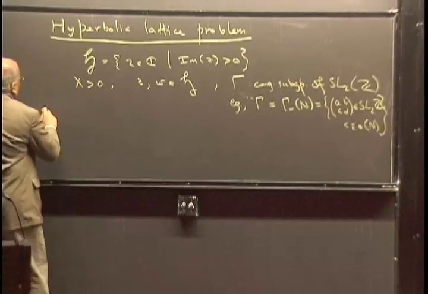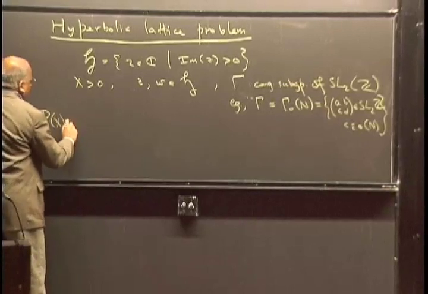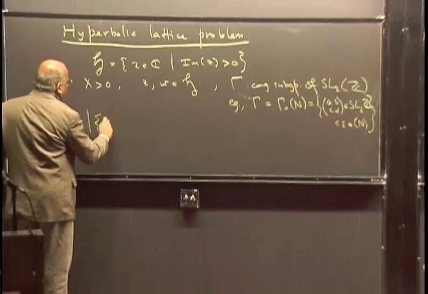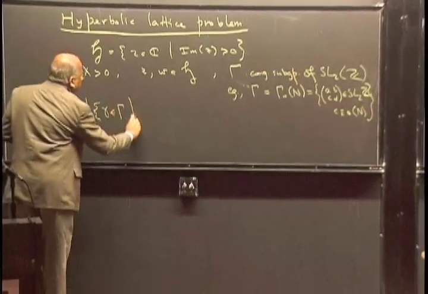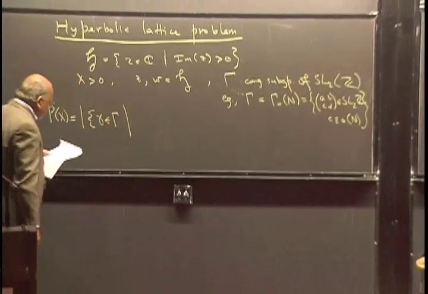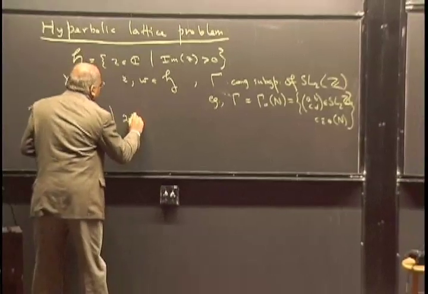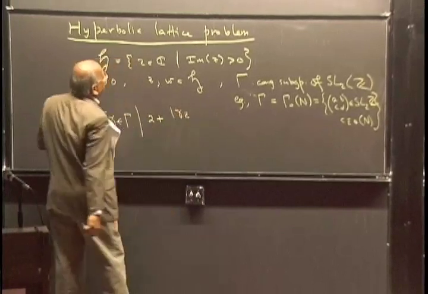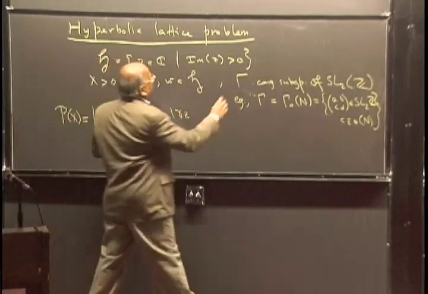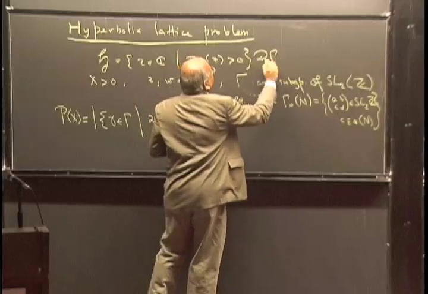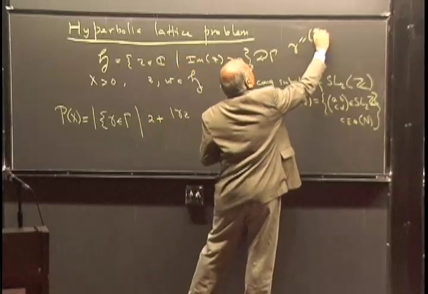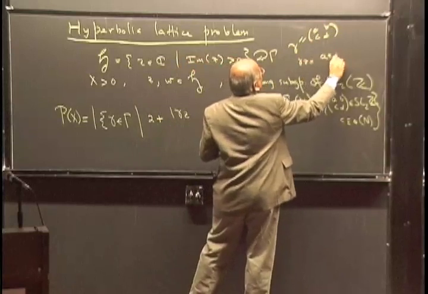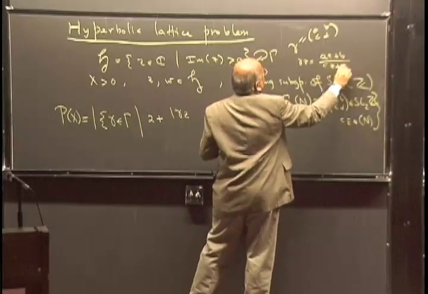Now we can look at P(x) to be the cardinality of all the gammas in Gamma such that, let me write down the formula and then I will say what is going on. You take gamma Z. By the way, gamma acts on the upper half plane by the standard form: gamma Z is just (AZ + B)/(CZ + D).